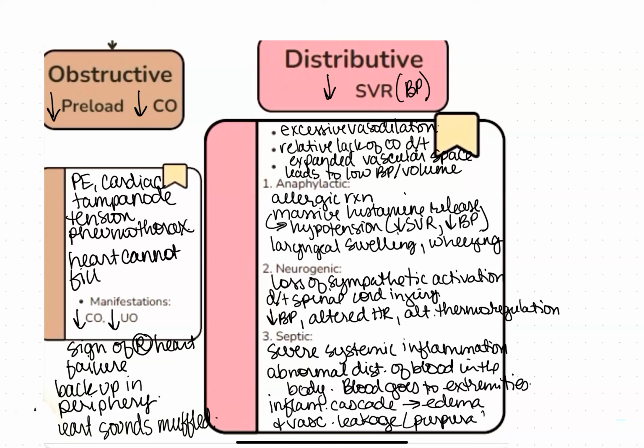Now remember, purpura and petechiae are actually bleeding or bruising under the skin. Extremities become very warm, and septic shock frequently leads to DIC, acute renal failure, and multi-organ dysfunction syndrome.